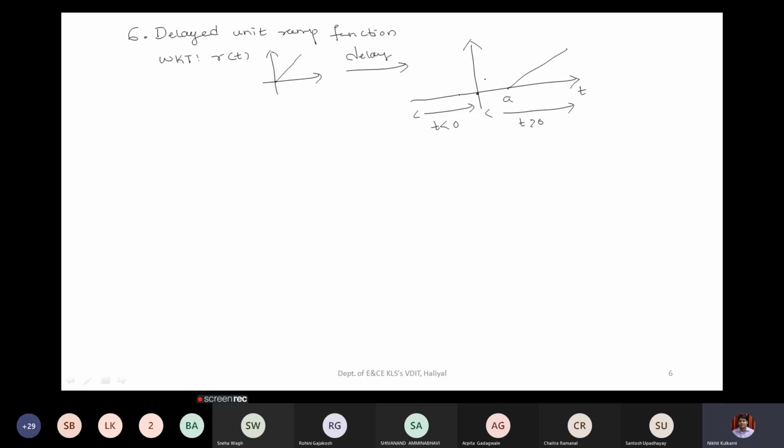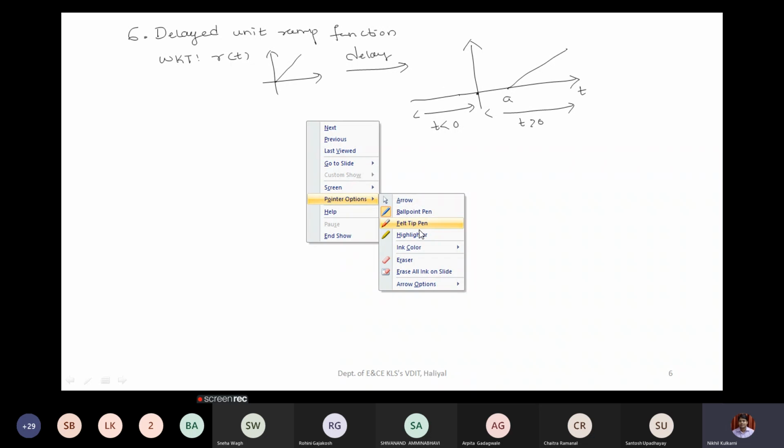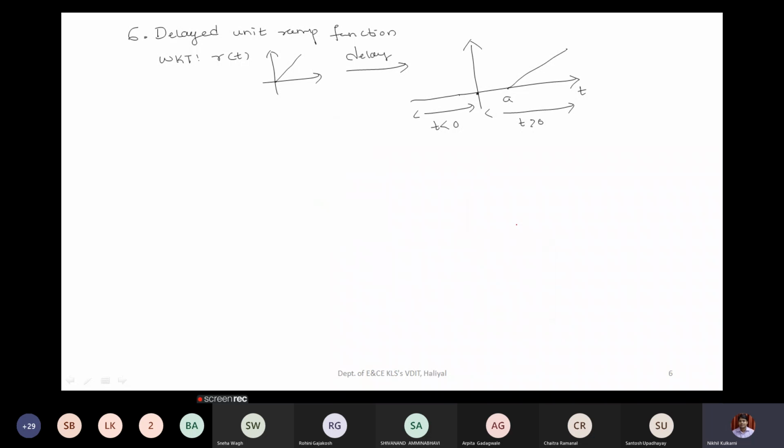But if you split this into before a and after a, then the first part is t less than a but greater than or equal to 0, and this entire area is t greater than a. Understanding this?